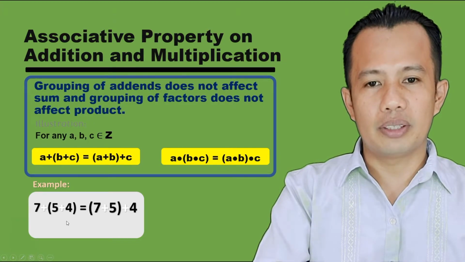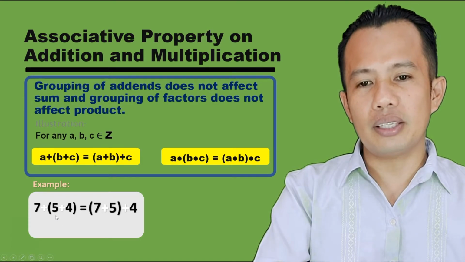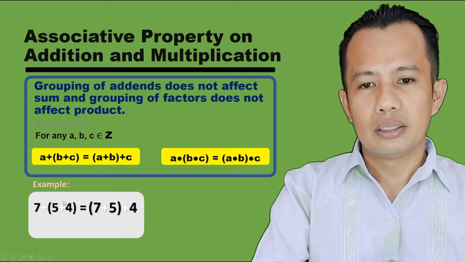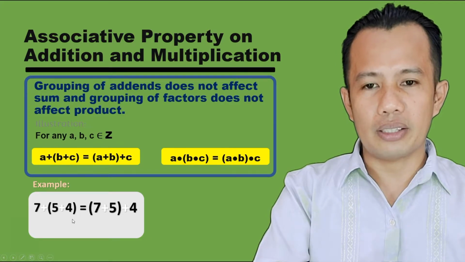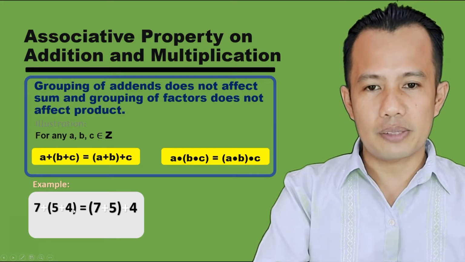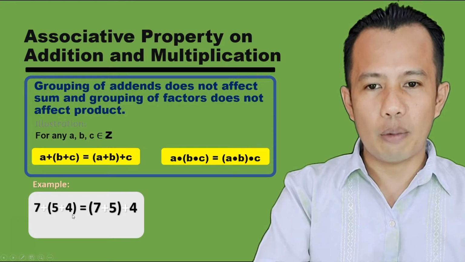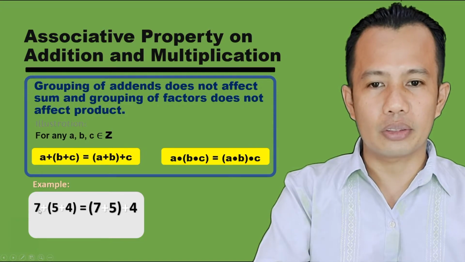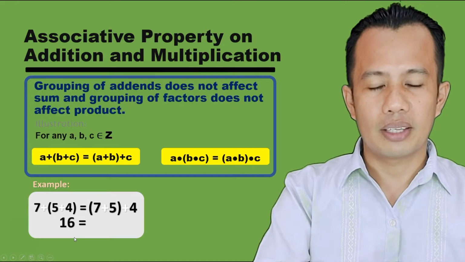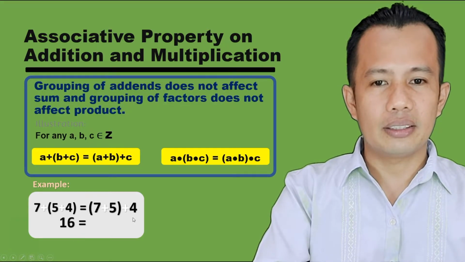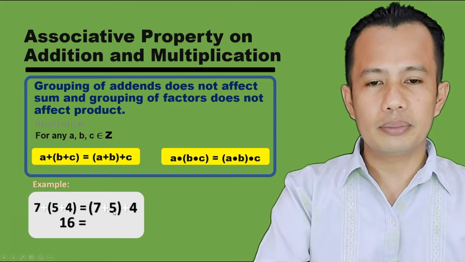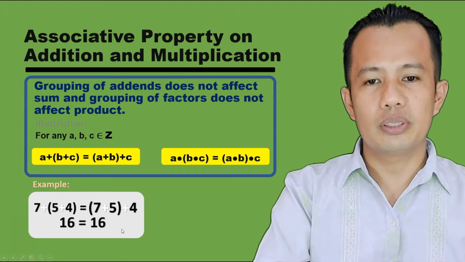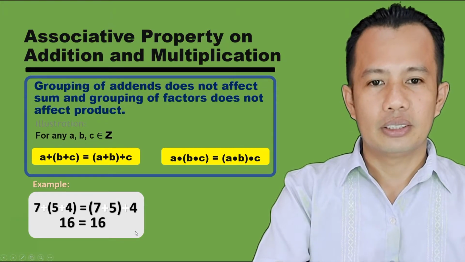So now let's double check. In operating quantities like this one, the quantities inside the parentheses should be operated first. 5 plus 4 is equal to 9, plus 7 is equal to 16. Let's check the other side. 7 plus 5 is equal to 12, plus 4 is also equal to 16.